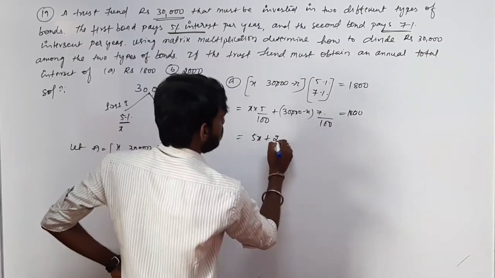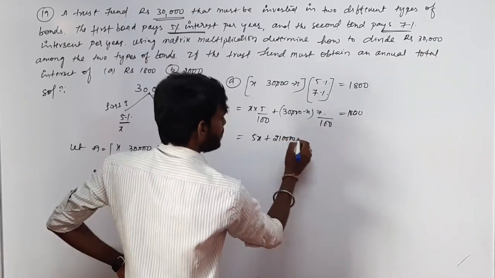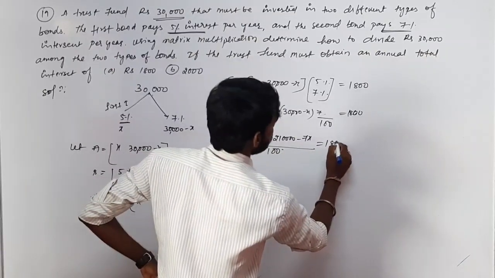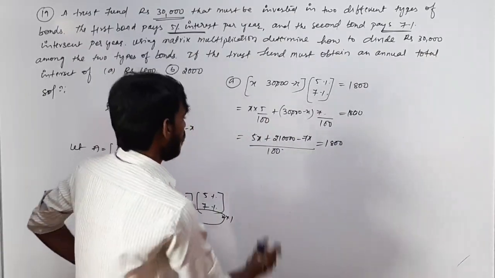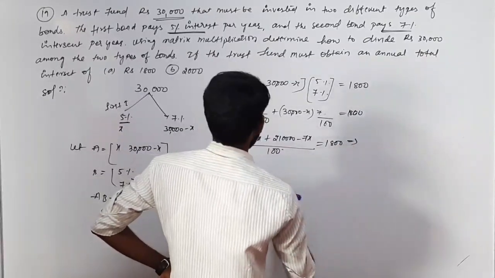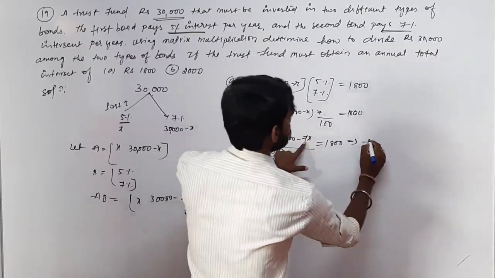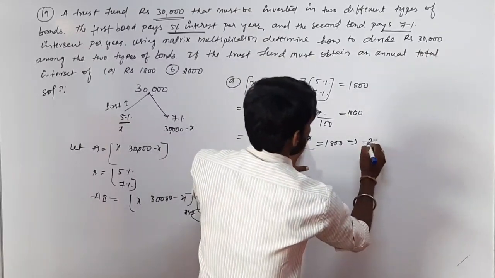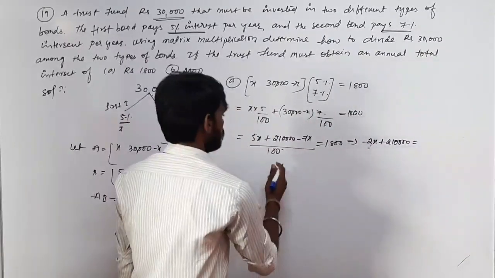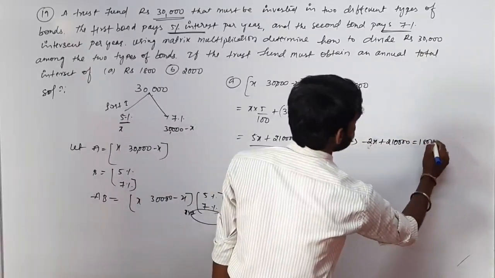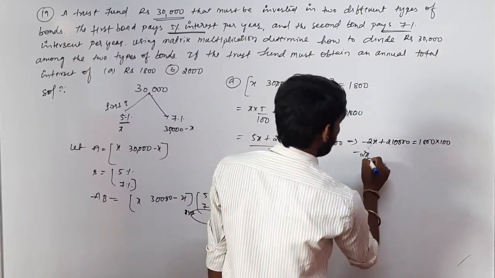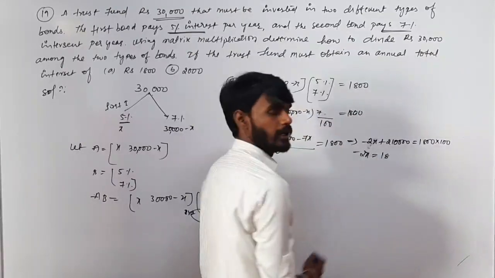So 5x plus, multiplying 7 into these two terms, 7 times 30,000 is 210,000, minus 7x, divided by 100, is equal to 1800. Now the 100 cancels out with the right-hand side. So 5x minus 7x is minus 2x, plus 210,000, is equal to 1800 into 100.